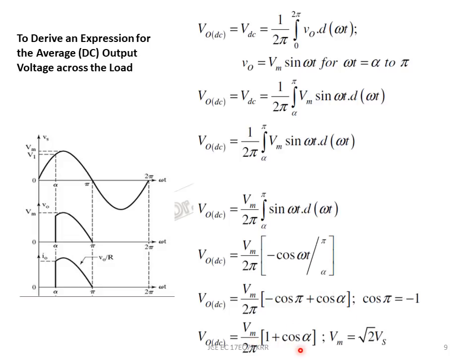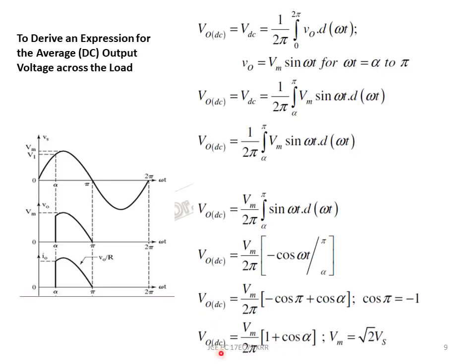Here Vm is the peak value of the sine wave, and in terms of RMS we'll write Vm equal to root 2 into Vs. This Vs is RMS. So either I can write it as Vm or I can write this as root 2 into Vs. In that case, root 2 upon 2 will become 1 upon root 2.